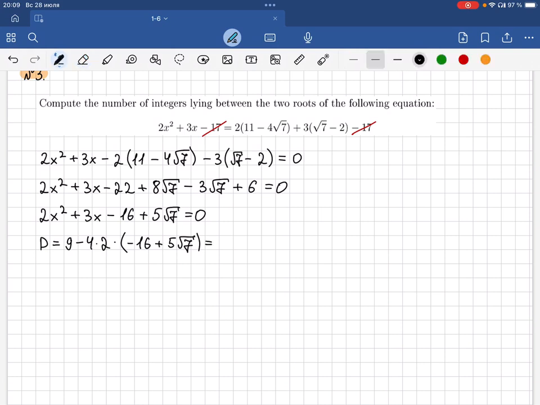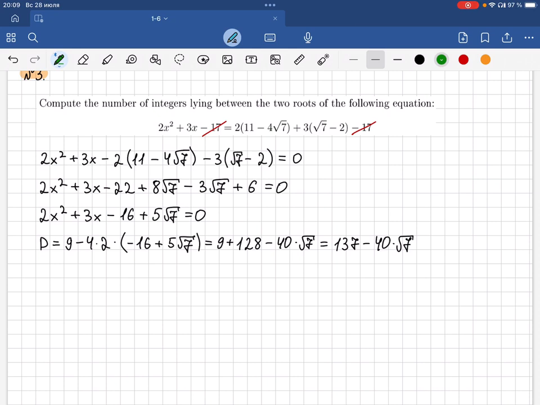Okay, equals 9 plus 8 multiplied by 16, which is 128, minus 40 multiplied by square root of 7, equals 137 minus 40 multiplied by square root of 7.